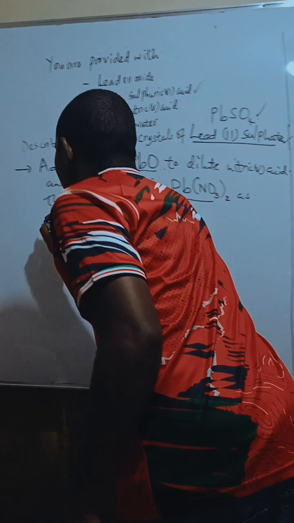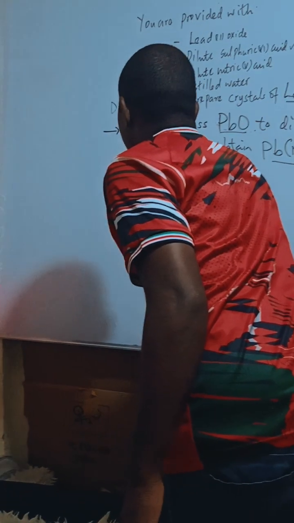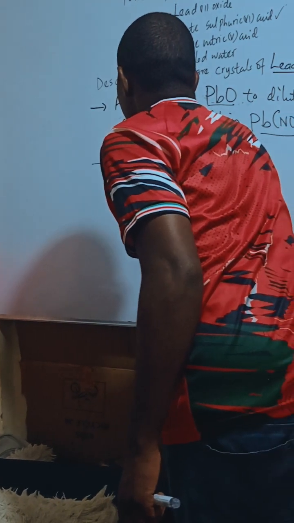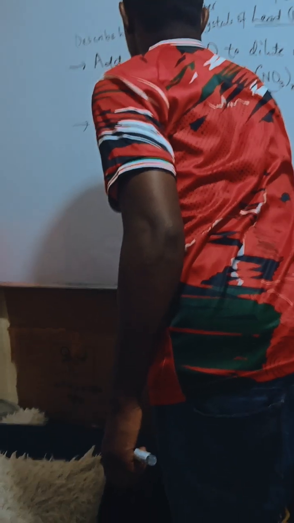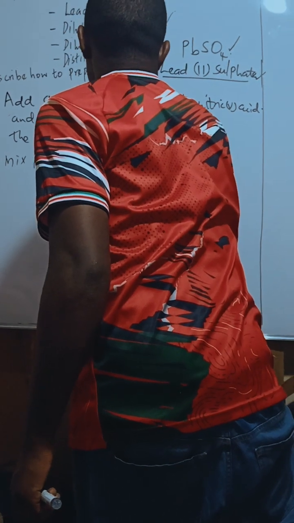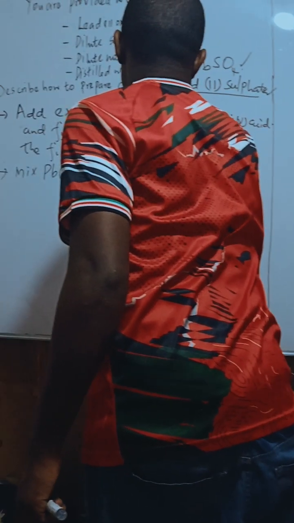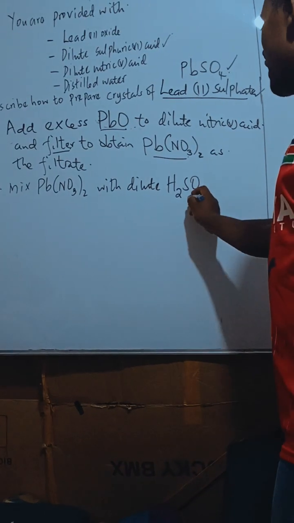Therefore, the reaction here is to mix lead nitrate with dilute H2SO4. H2SO4 is sulfuric 6 acid because it contains the sulfate ion.